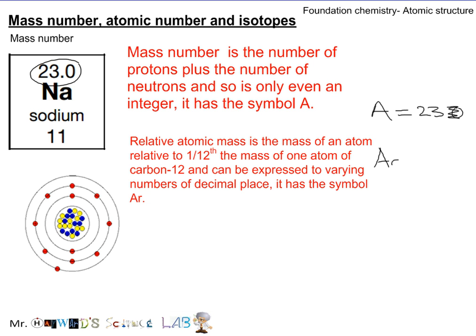The relative atomic mass of sodium will be 23.0. For a lot of other atoms, you'll see specific numbers, so you might have 45.2, something like that, and that's referring to relative atomic mass. The key difference is mass number looks only at numbers of protons and neutrons added together, and therefore is a whole number. The relative atomic mass of an atom looks at it in comparison to carbon-12, and therefore can be a decimal number.